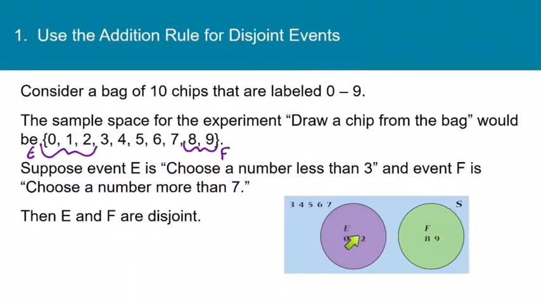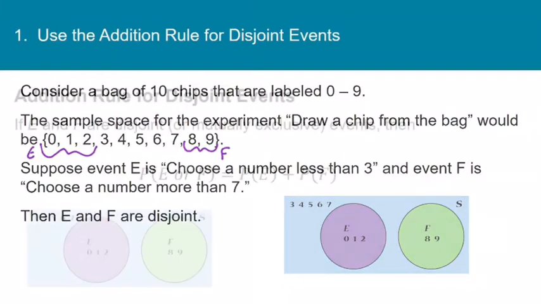So the sample space includes 0 through 9, all the possible outcomes. But 0, 1, and 2 are in event E, 8 and 9 are in event F, and notice they do not overlap at all because they don't share any outcomes. And so we could say that E and F are disjoint. In other words, they are mutually exclusive.